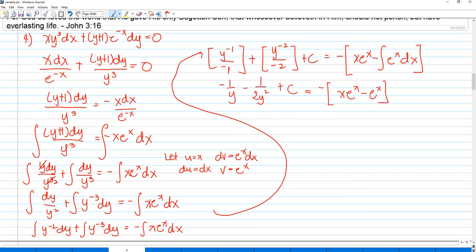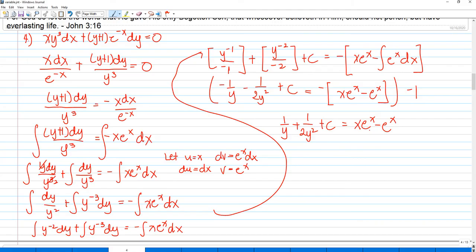Since we have negative here on both sides, I would like to multiply the whole equation by negative 1. So we have 1 all over y plus 1 all over 2y squared and still plus c, and then we have x e raised to x minus e raised to x.